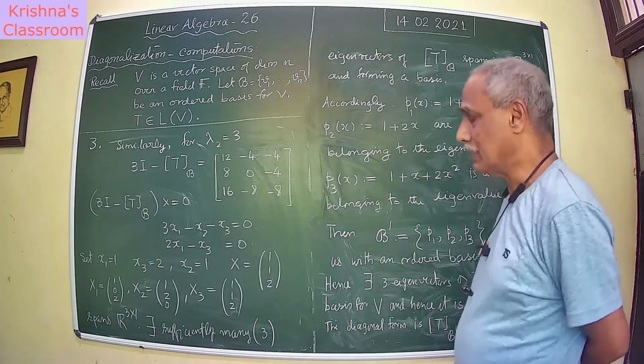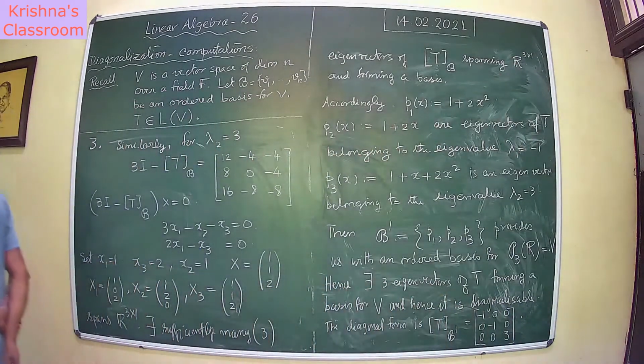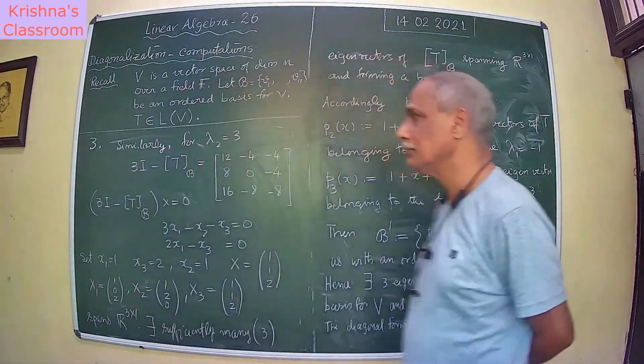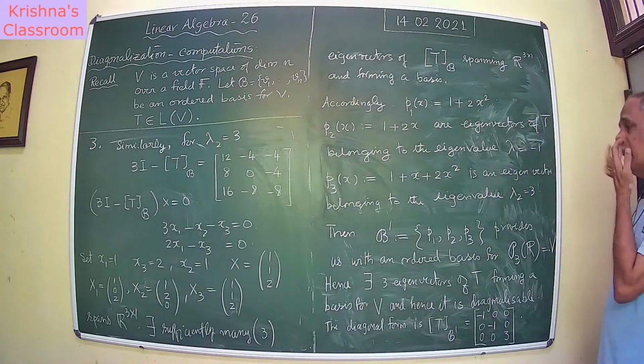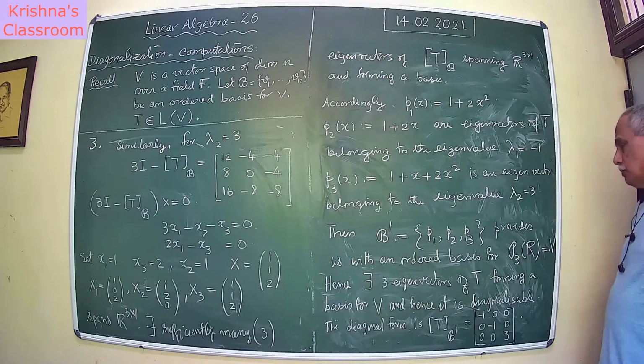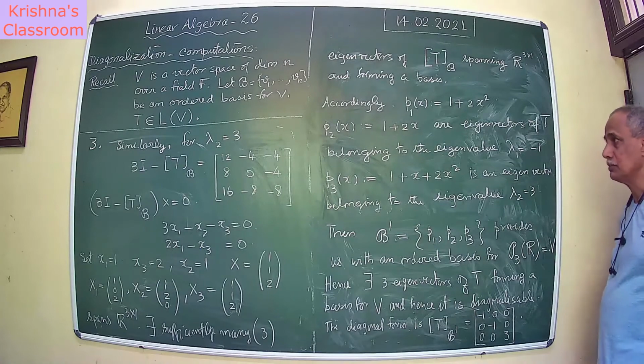And you don't get sufficiently many eigenvectors to span the polynomial space. In the third example, we have found enough eigenvalues and corresponding eigenvectors which span the whole space, and therefore it is diagonalizable.